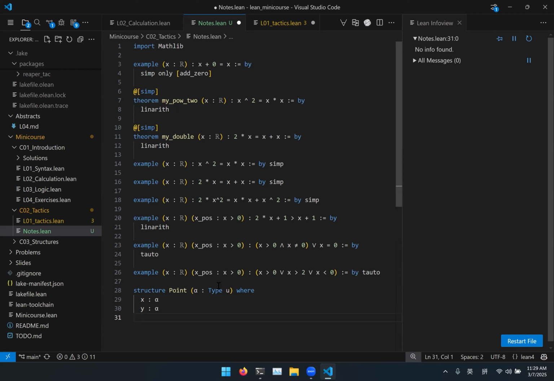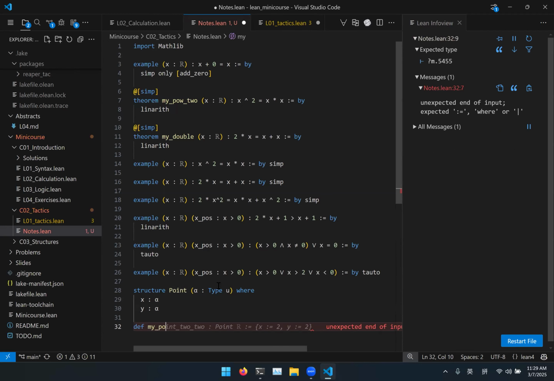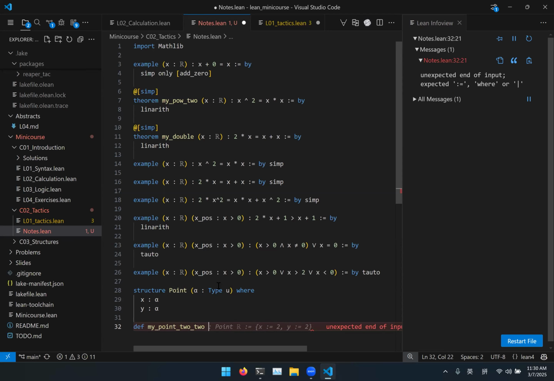And how can you create a structure of this type? We use a definition, myPoint, where all the entries are 2.